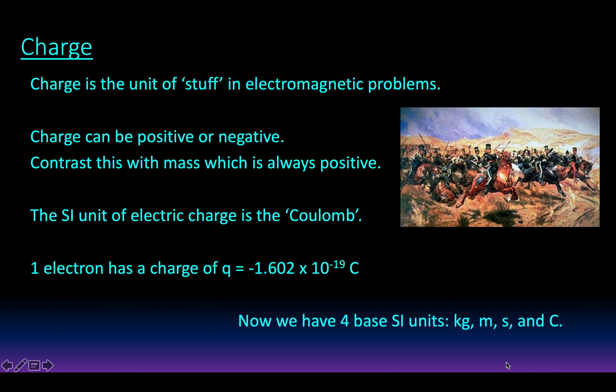So now when we work with problems in physics, we will have four base SI units to consider: kilograms, meters, seconds, and coulombs. Back in 121, force is measured in newtons, but newtons are F equals ma, kilograms times meters over seconds squared.